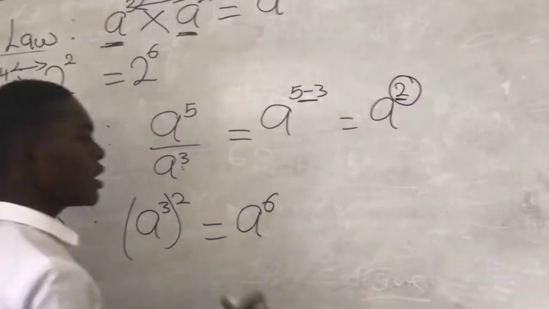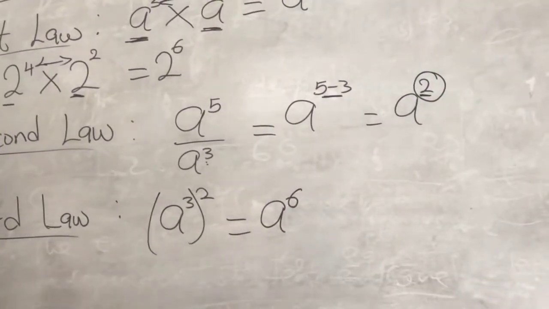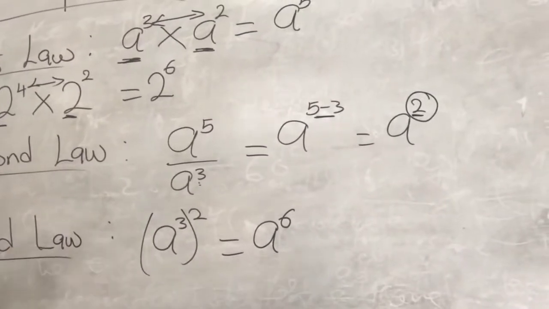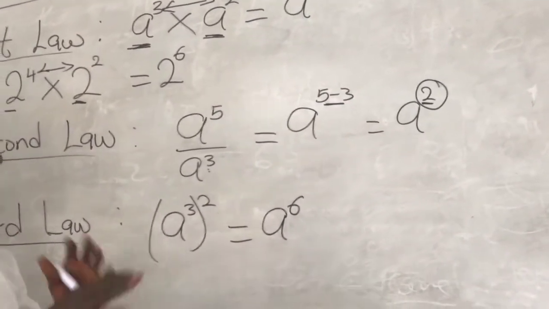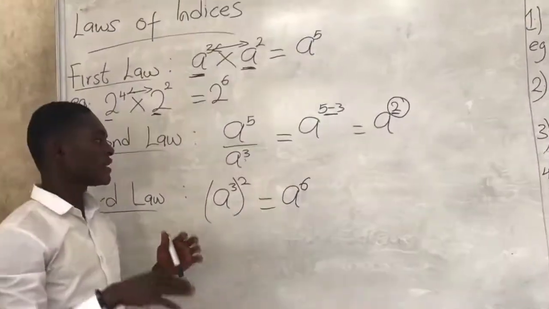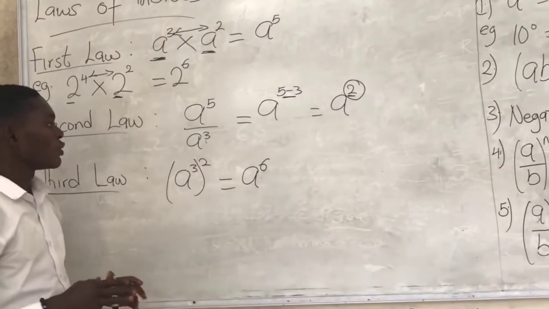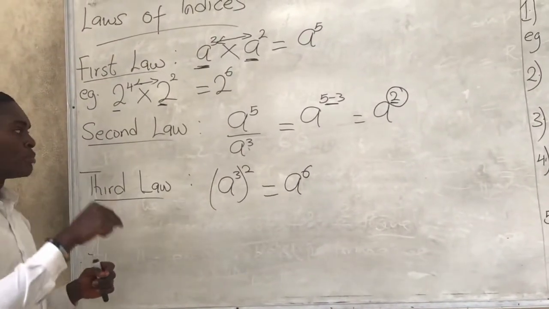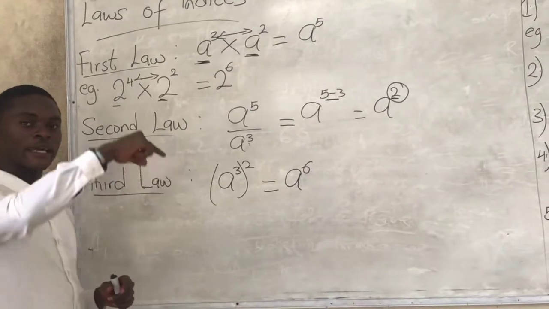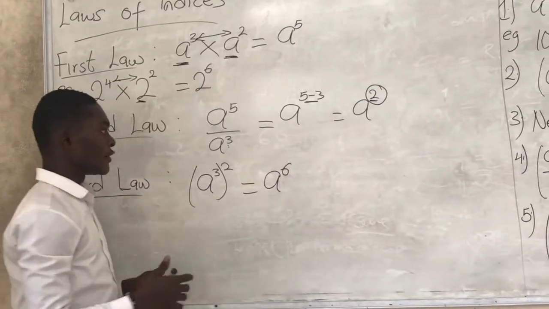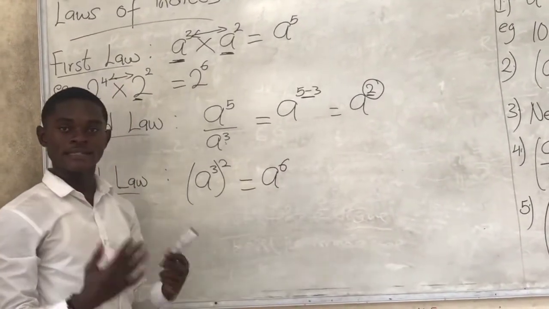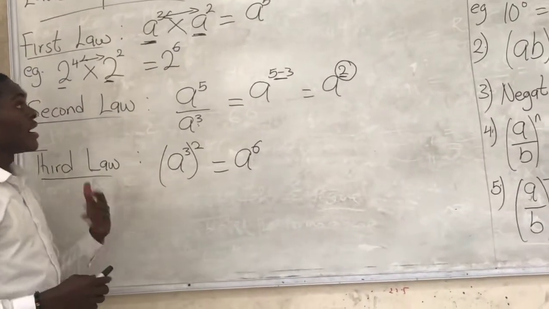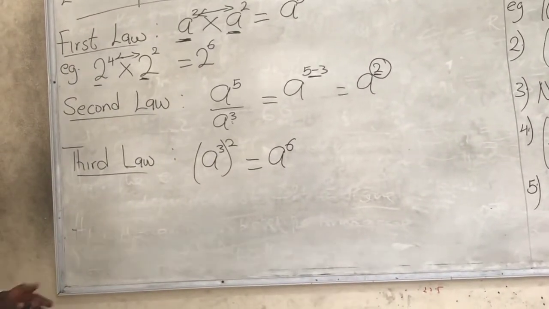So anytime we are dealing with indices, the bases are the same and it's divided, we just subtract the denominator exponent from the numerator exponent, which helps us to work easily and to solve any indices question that we come across.